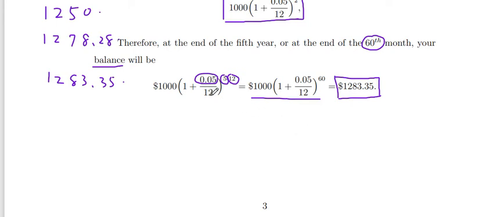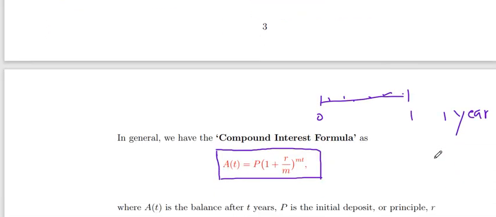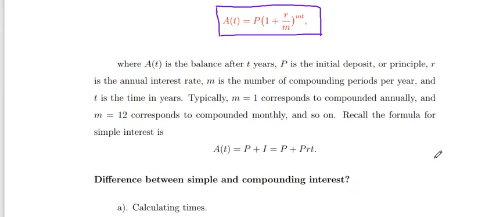Okay, so r over m. r is the annual interest rate. So what is m? m is the number of compounding periods per year.